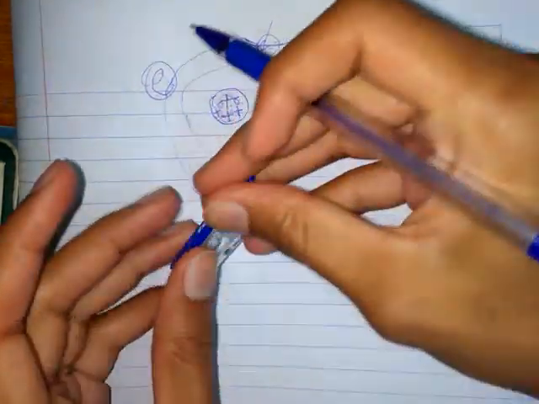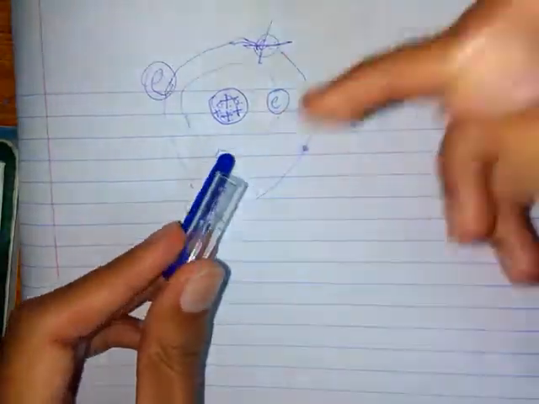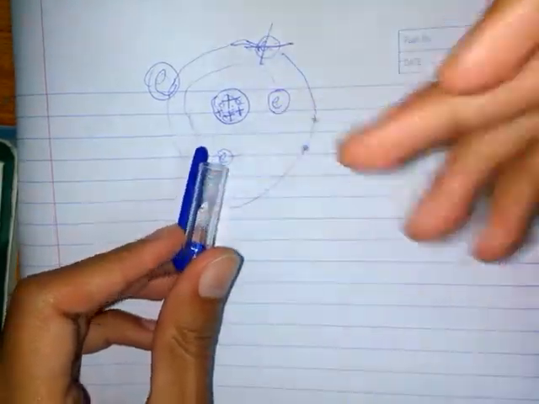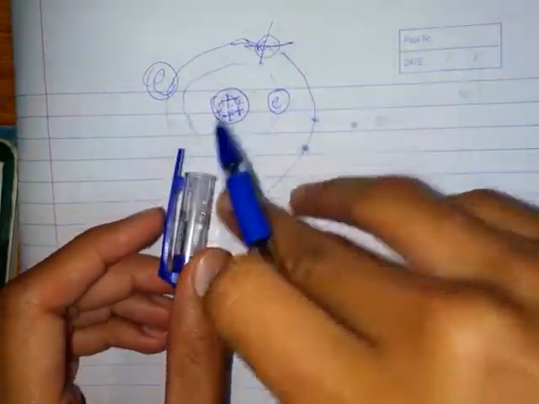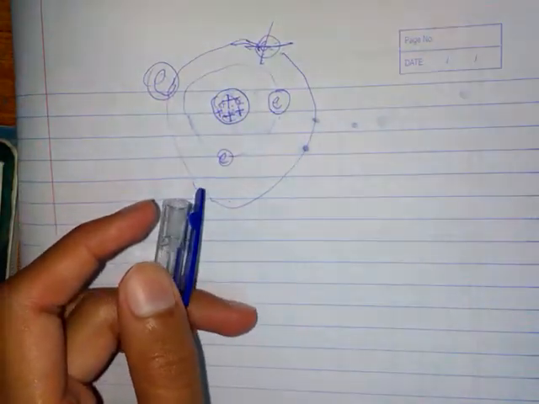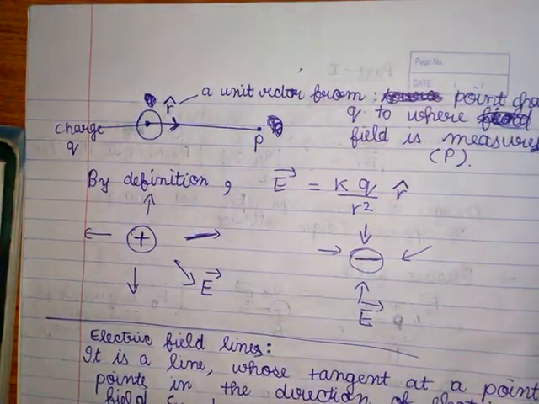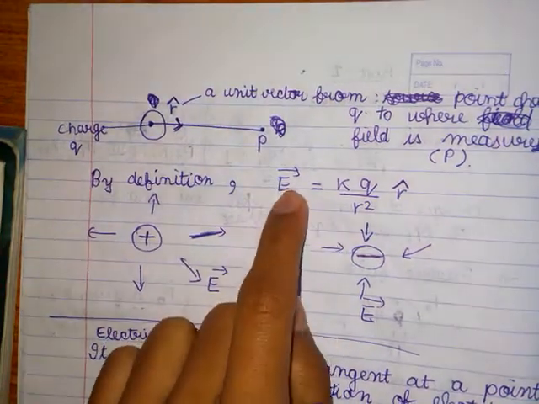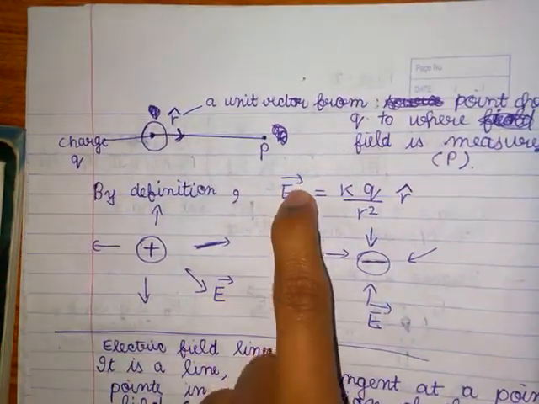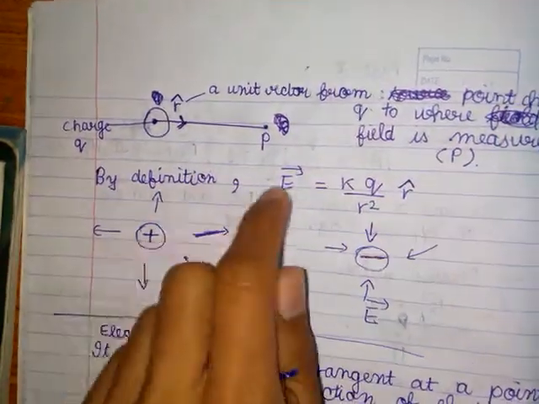Okay, and the negatively charged body is the one which gained electrons, and therefore it has more electrons than protons and net negative charge.